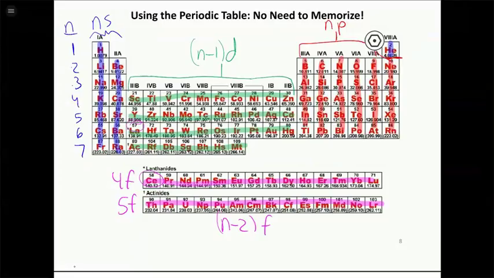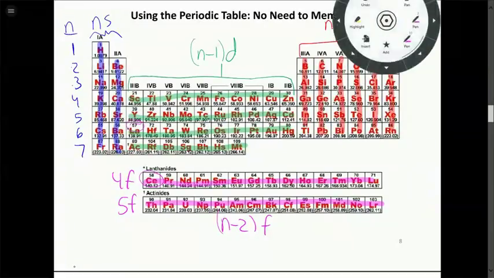That's how we label the periodic table in terms of electron configurations. When we're adding electrons to orbitals, we go through the periodic table in numerical order, and we add the electrons to the next subshell that we come to. We'll get a bunch of examples for that in a second.